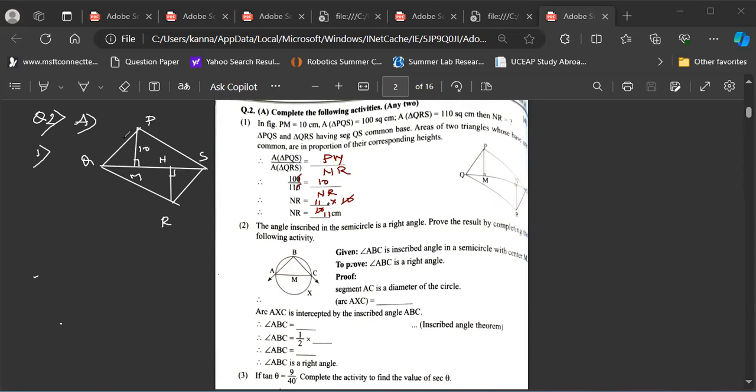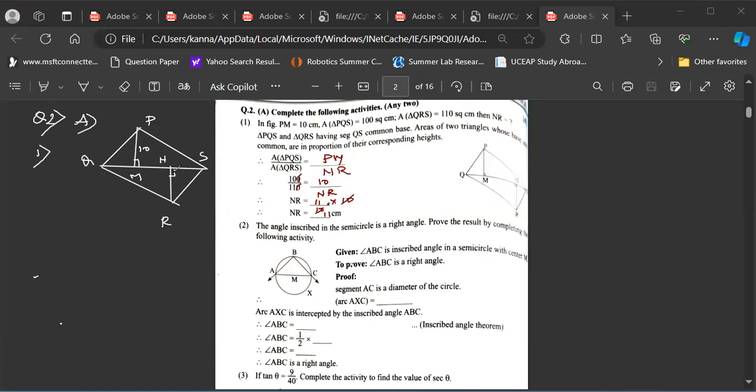Once again, in the figure, PM is 10 centimeter. Area of triangle PQS, the upper triangle, is 100 square centimeter. Area of triangle QRS is 110 square centimeter. And this solution starts from here. Triangle PQS and triangle QRS have segment QS as common base.